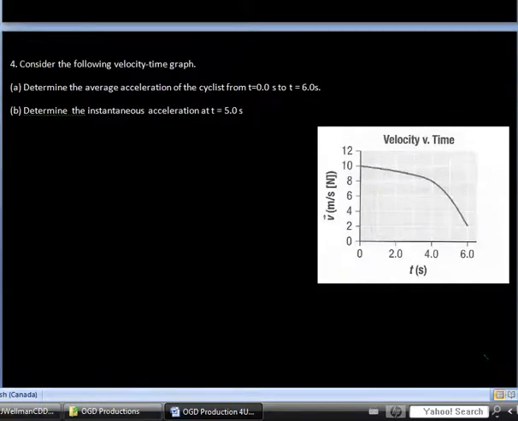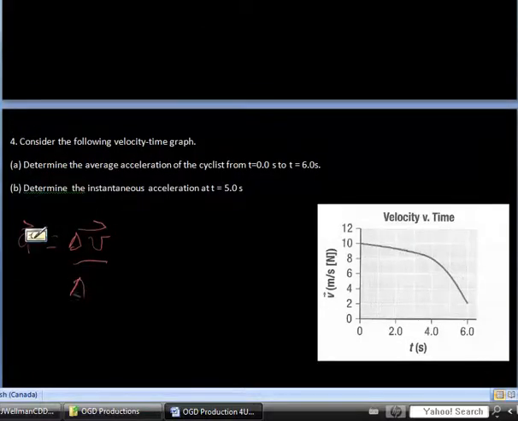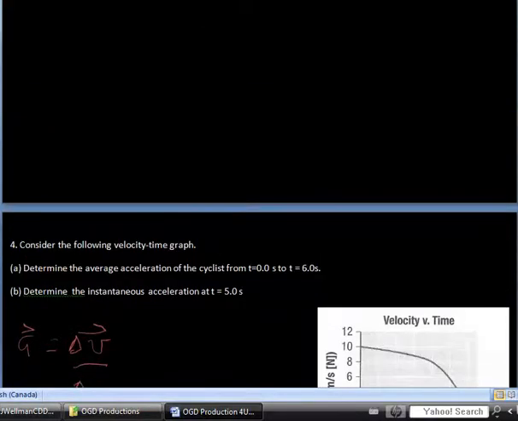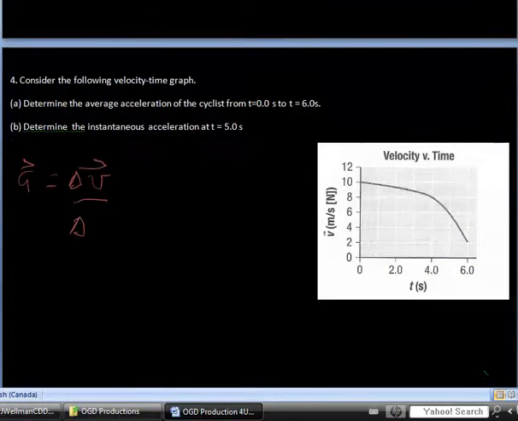Go down to the next question. This is an acceleration question. Acceleration question is looking at your change in your velocity divided by your change in time. So what you have to do, again, is find the slope of the graph.